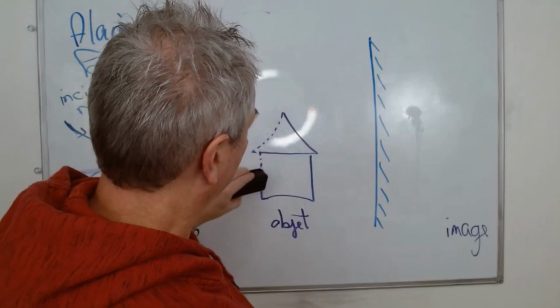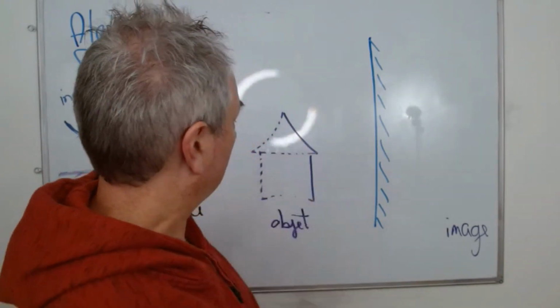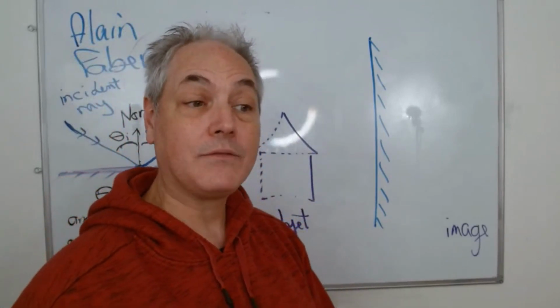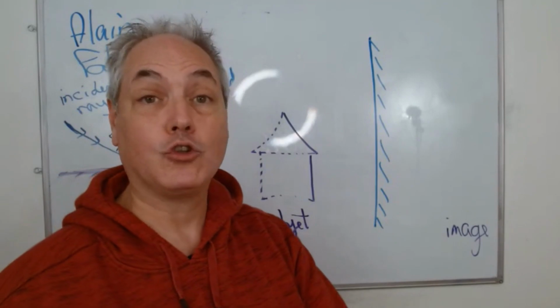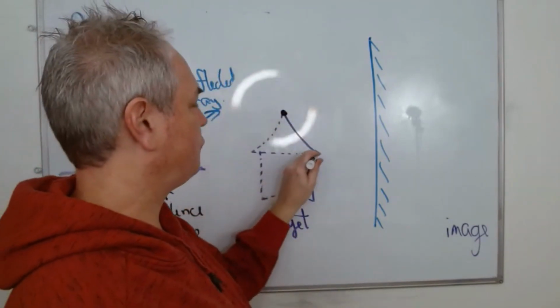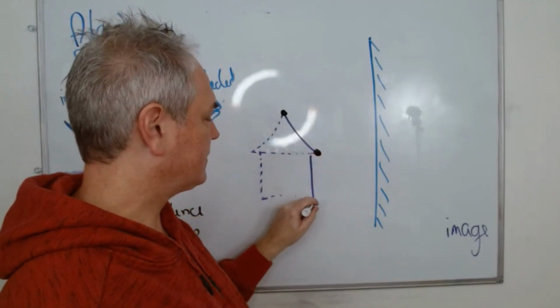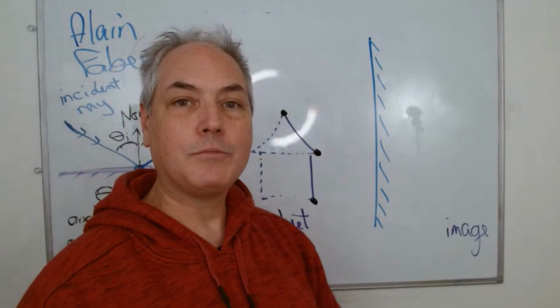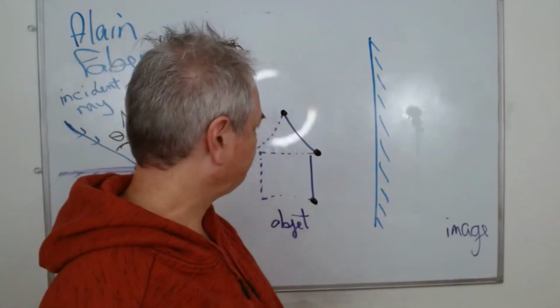I'm going to look at three specific points only, but you could do that for other points if you wanted to. I'm going to do the tip of this roof, the edge of this roof, and the base right here. That will be how I will find where the image is on the other side.